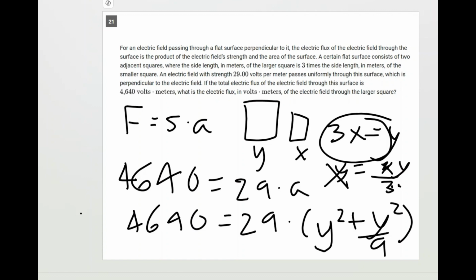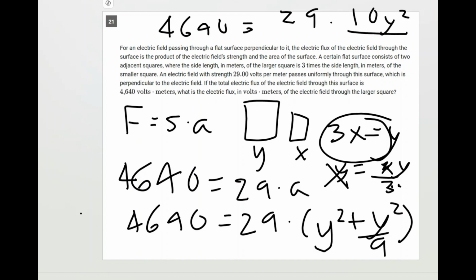And so let's calculate. That's going to be 4,640 equals 29 times 10 y squared divided by 9.